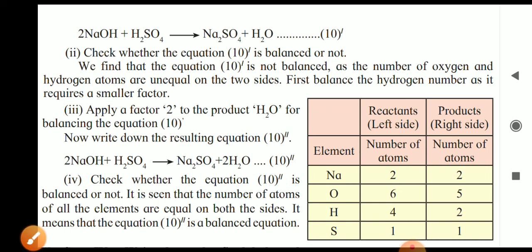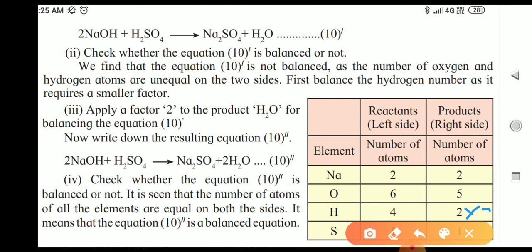So we can multiply the product side by 2, then total hydrogen becomes 4. In the product, hydrogens are present in water, so we have to multiply this water by 2, and thus we get 4 hydrogen towards the product side, and 4 hydrogens are present in the reactant side. So we multiply the water by 2.